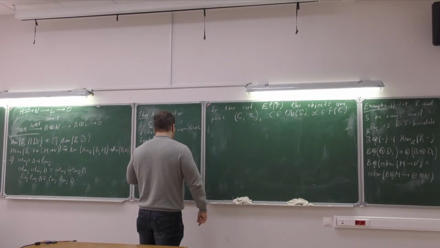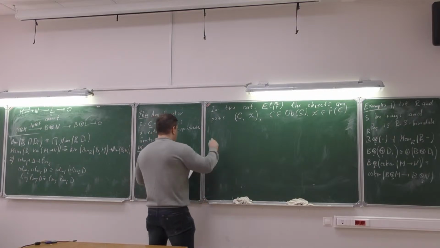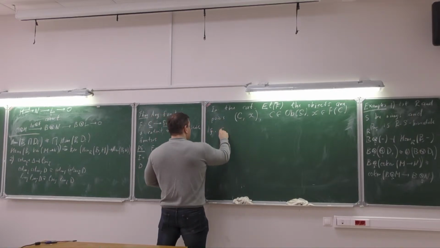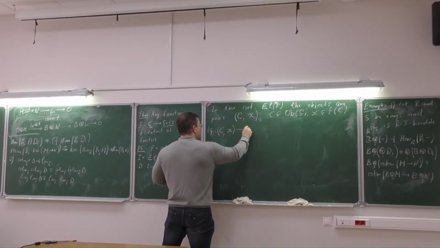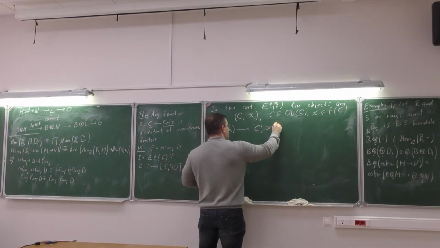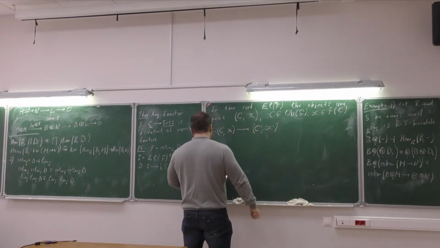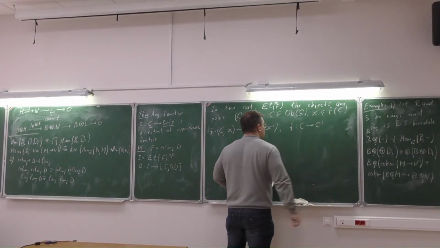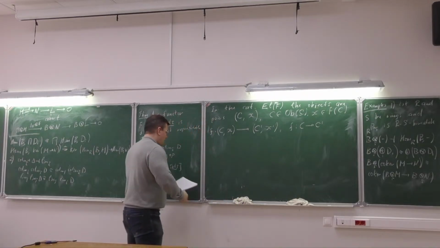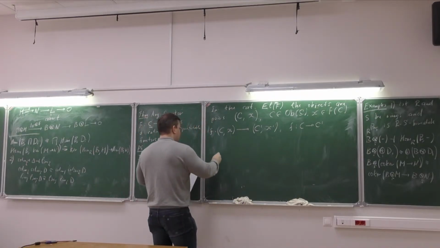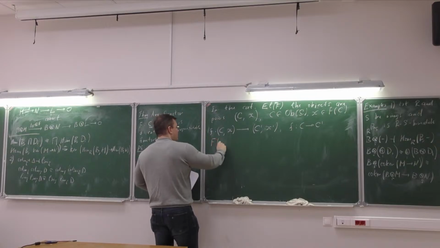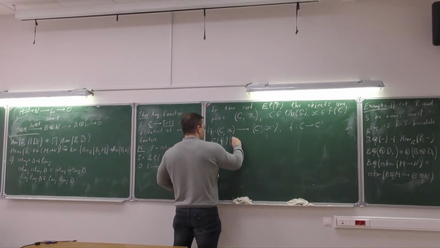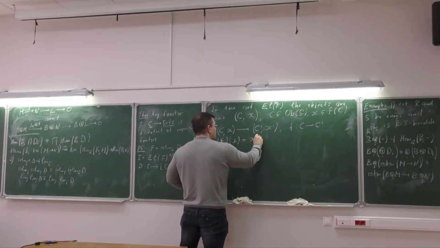Well, those are the objects in the category of elements. Of course, there are also maps. If you want to have a map, say f, from the pair C, X to another pair C prime, X prime, that's very easy to define. It's just a map f from C to C prime, which is a map in the category C. And there is an additional requirement that if you apply your functor to this map little f and compute this on the element X, you're supposed to get the element X prime.